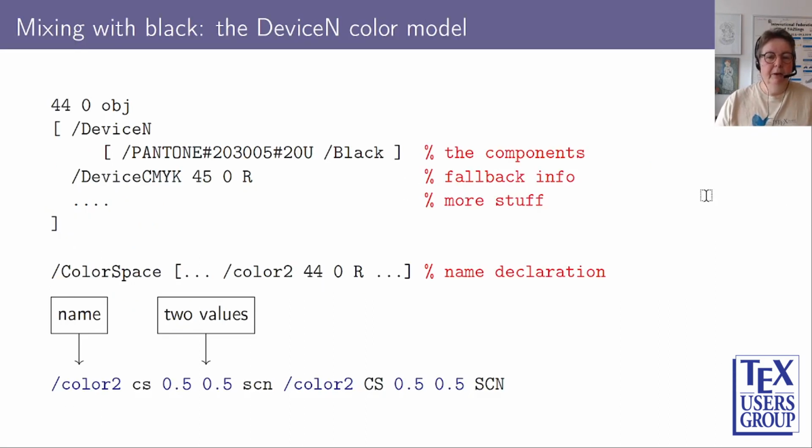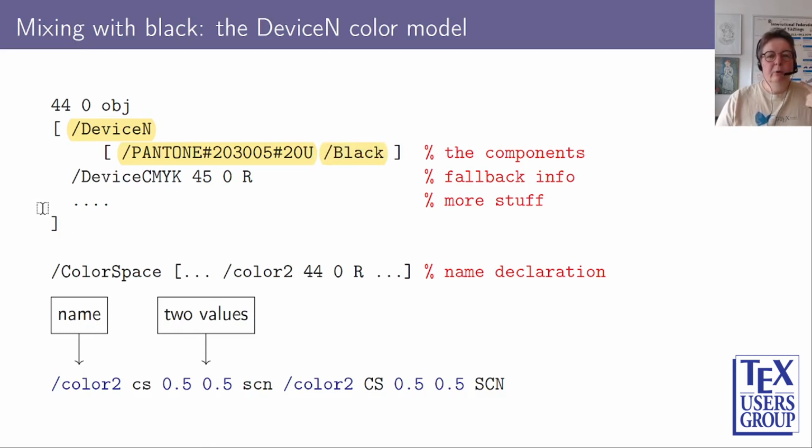The right way to mix black into the Pantone color is to create a new color model, a so-called DeviceN model. DeviceN is again a rather simple object in the PDF. It has DeviceN and then it has an array which contains the two components, the Pantone color and the black color.